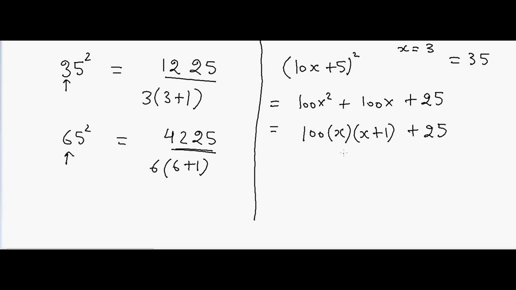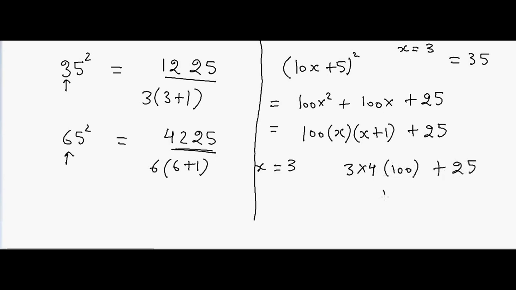As you can see, we are taking the first digit and multiplying it by the number one more than it, multiplying by 100, and then adding 25. Here, if x is equal to 3, we'll get 3 into 4 into 100 plus 25.